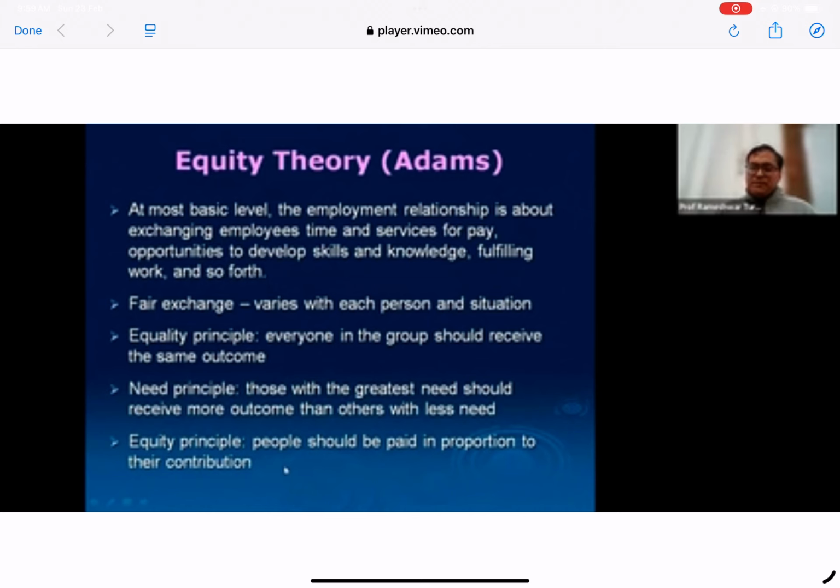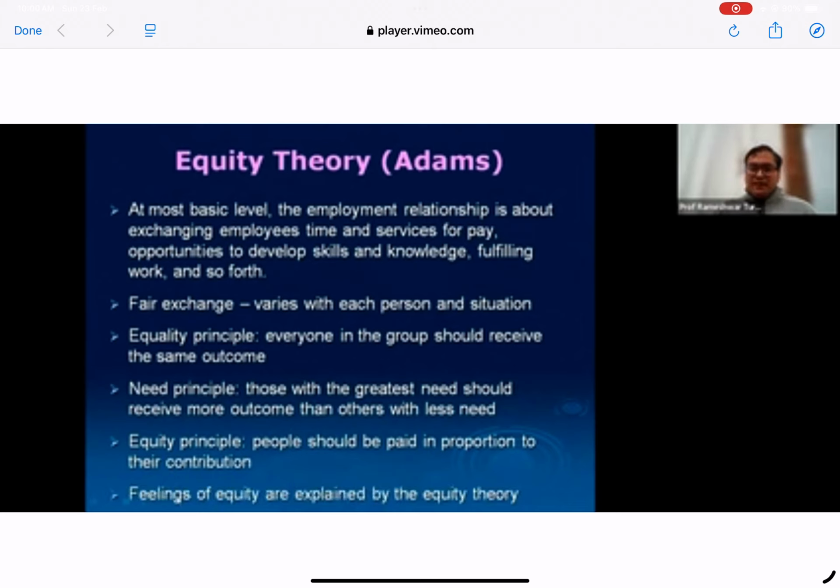People should be paid in proportion to their contribution. Now, what is people's contribution? The work they do. But when they come to office, they are not only bringing the outcome that they are giving, they are bringing their years of experience, they are bringing their qualifications, not only outcome.